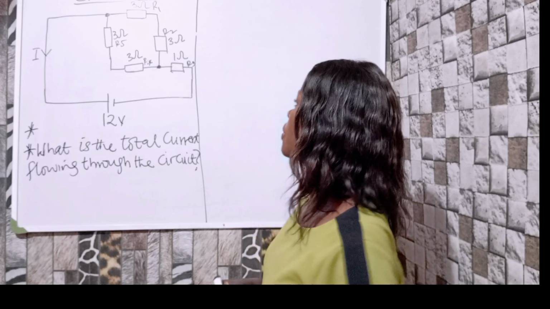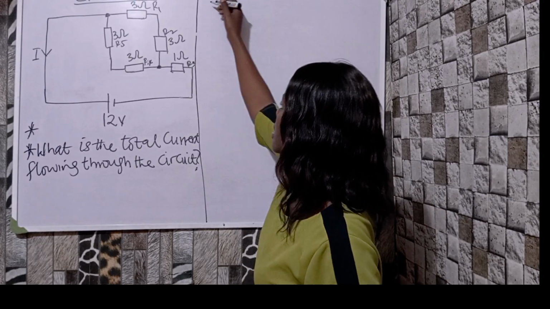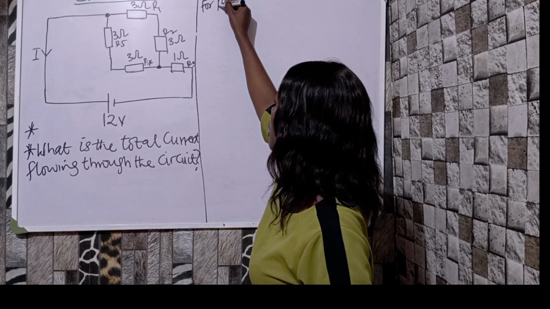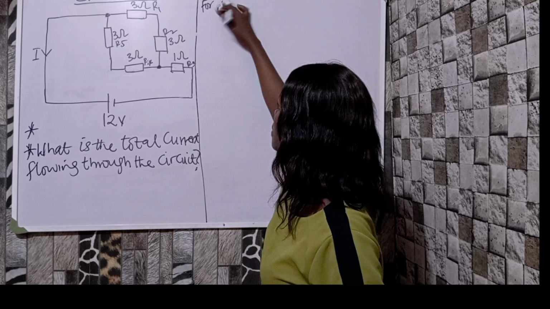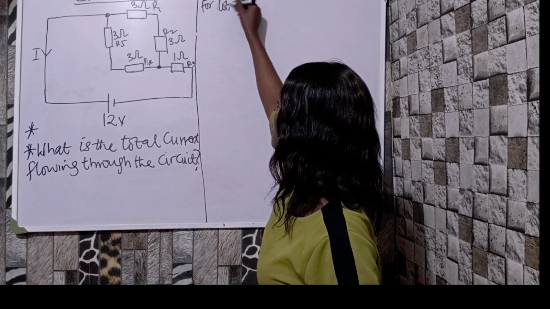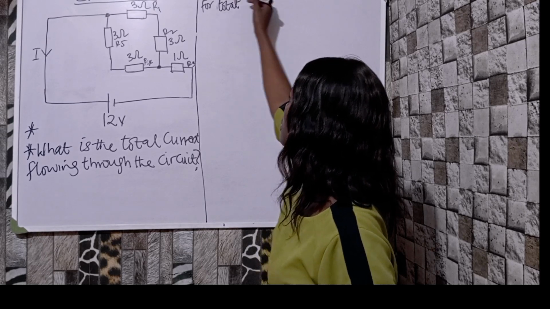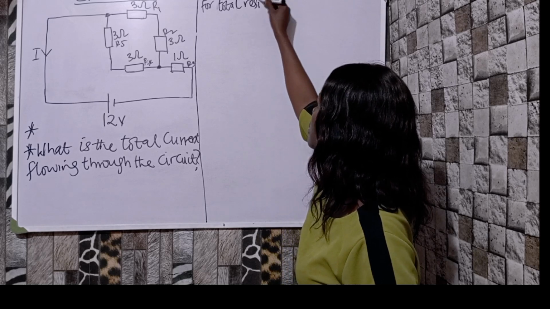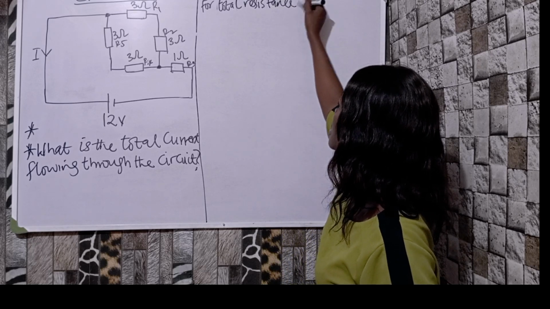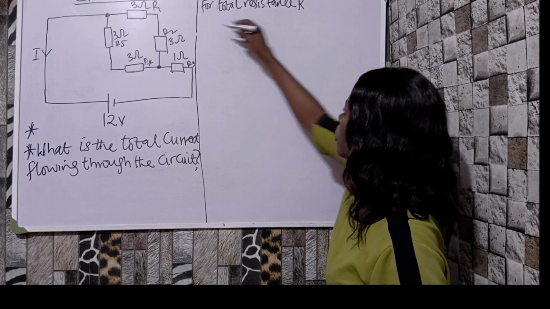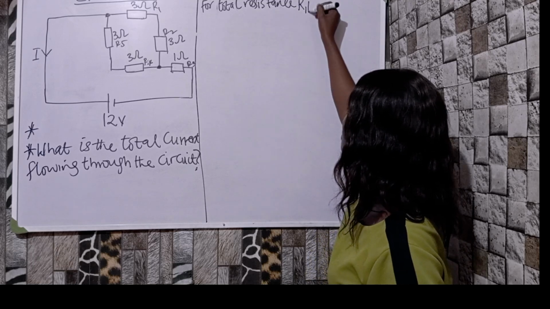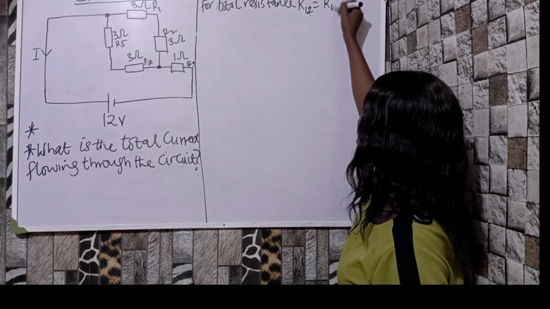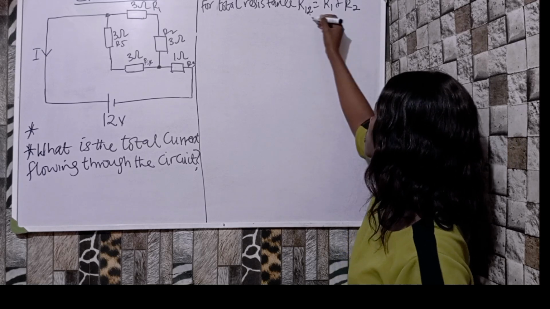All right, okay, so for total resistance R12, is equal to R1 plus R2.